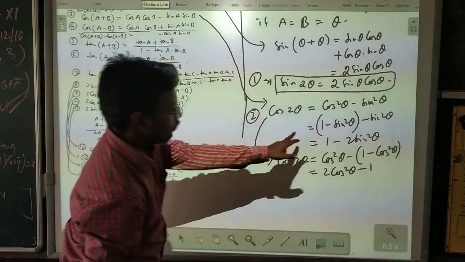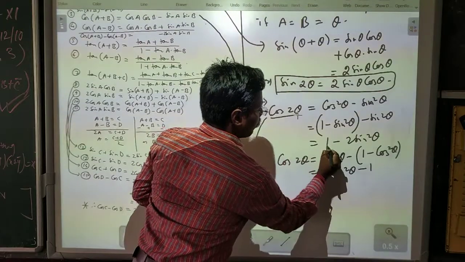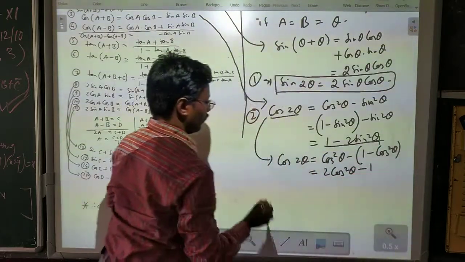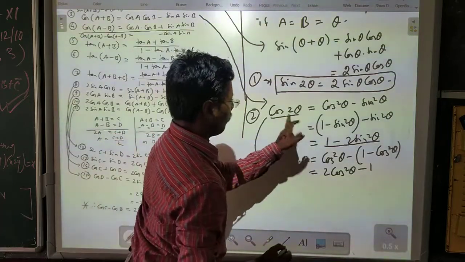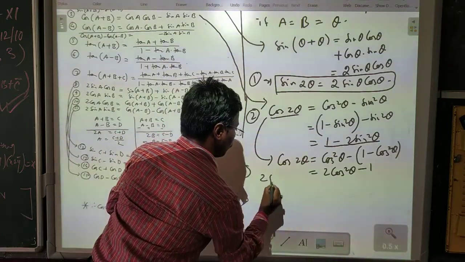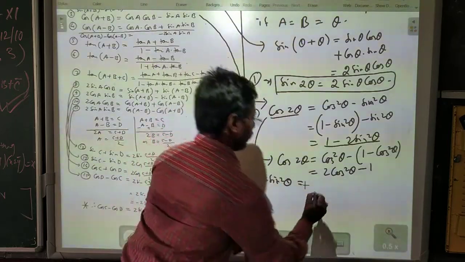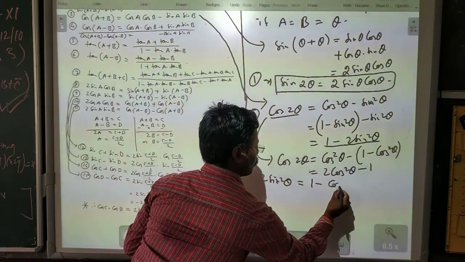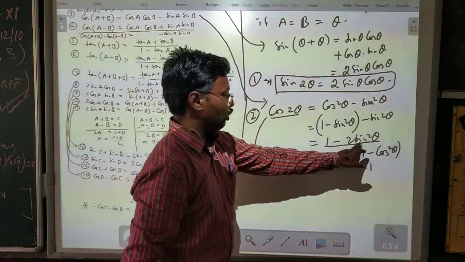Now, from the formula cos 2 theta is equal to 1 minus 2 sin square theta, we can get some more formulas. Number 3, 2 sin square theta can be written as 1 minus cos 2 theta, because cos 2 theta is 1 minus 2 sin square theta.